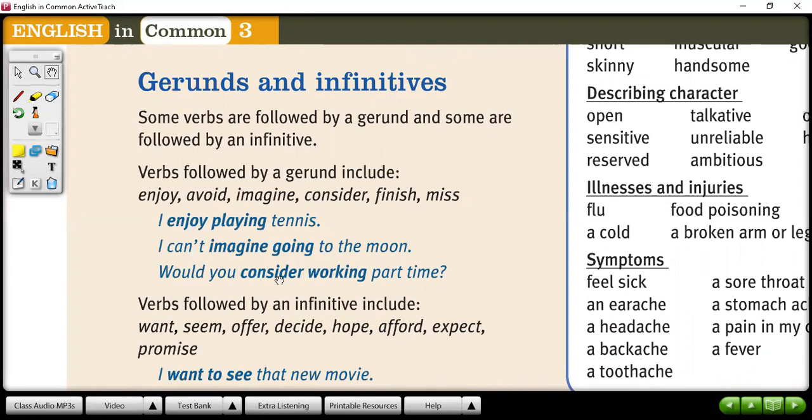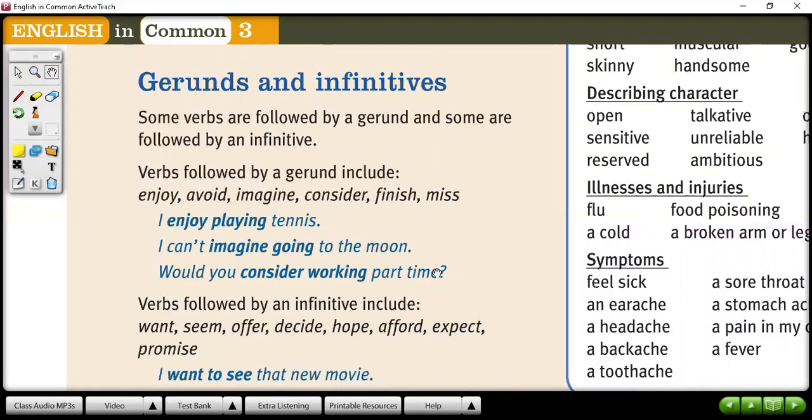Would you consider working part-time? Consider. So these verbs need gerund: enjoy, imagine, consider. Okay, as a noun, not as a progressive. Take that into account. And as you can notice, it can be in questions, in any tense, past, present, or future.